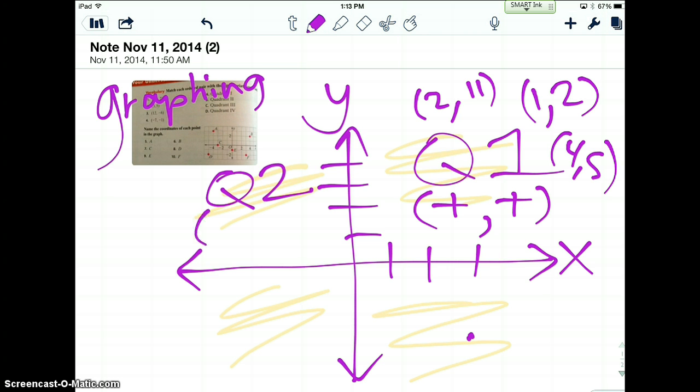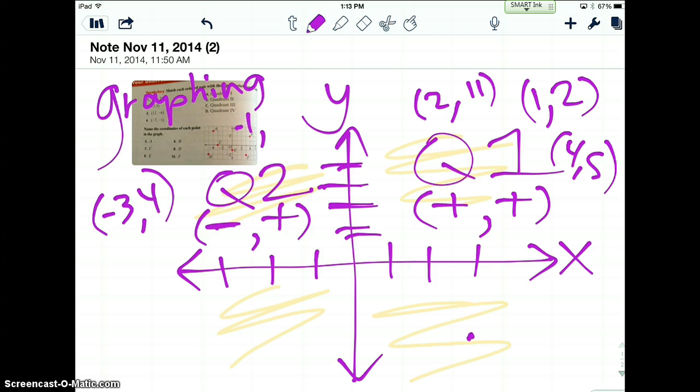So quadrant 2, what type of coordinates exist there? Well, the X values here are negative, and the Y values are positive. Examples would be negative 3, 4, negative 1, 9. Then I proceed to quadrant 3 down here in the lower left.